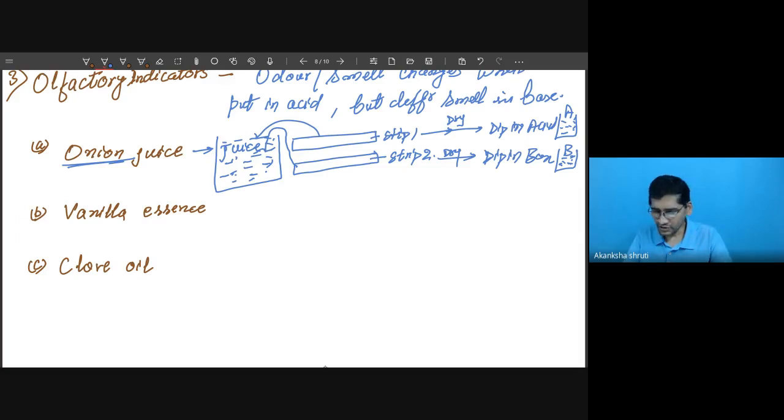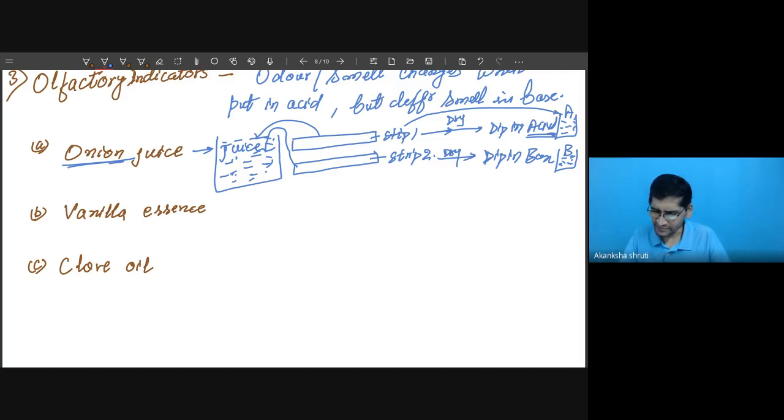The color change over the strip may be slight, hardly visible, but the smell generated while you dip strip 1 in the acid or the vinegar containing acid can be felt very comfortably. Strip 2 is the same as strip 1.